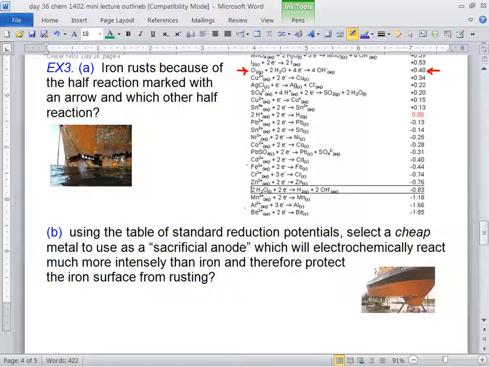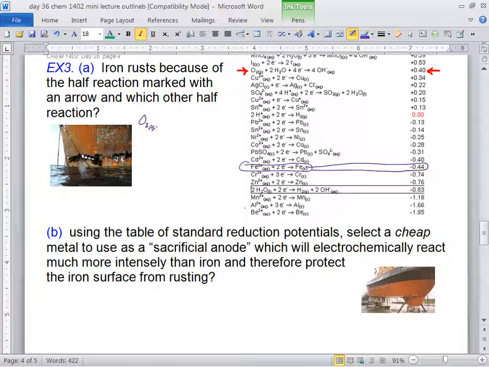Yeah, this guy. Because we have to do what to this reaction? We have to flip it, right?